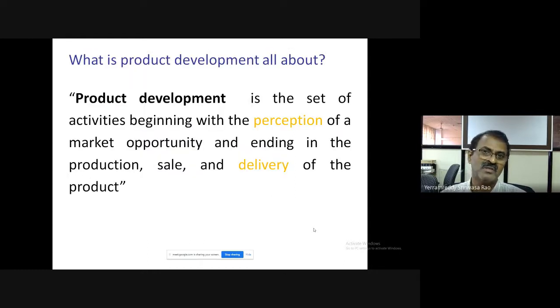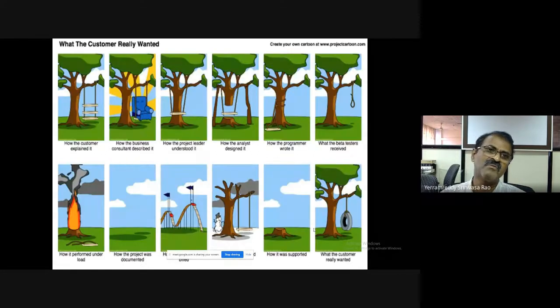Okay, so a product is a product, whatever branch it may be. You have to start with perception, but finally it should be a deliverable thing. Most management schools will show you this slide: what is the customer's requirement.